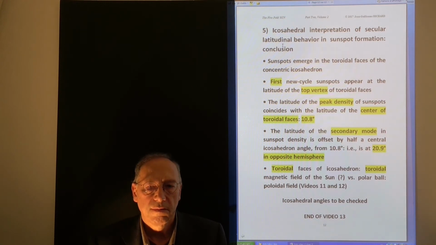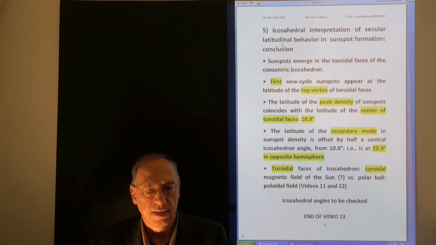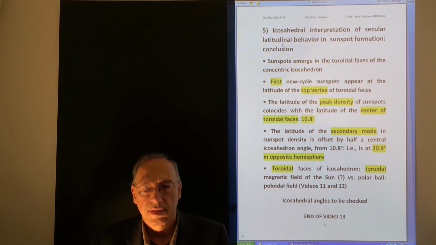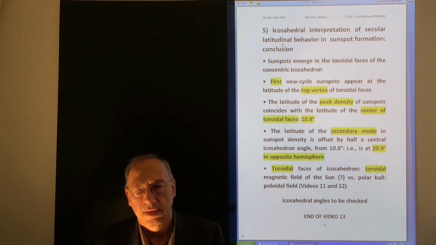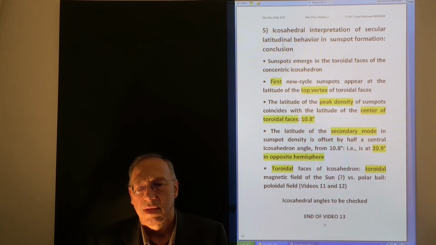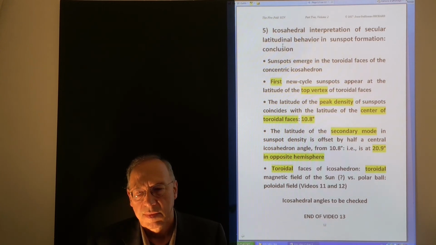The latitude of the peak density for sunspots coincides with the latitude of the center of these toroidal faces, 10.8 degrees. And the latitude of the secondary mode in sunspot density is offset by half a central icosahedral angle and is at 20.9 degrees in the opposite hemisphere.